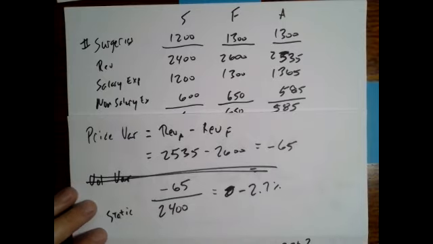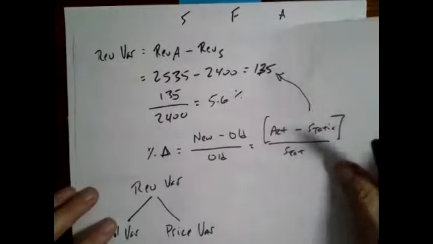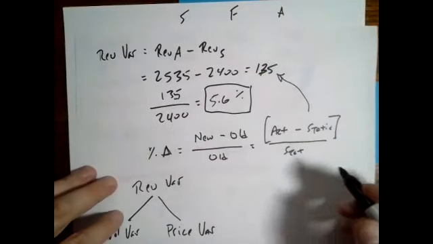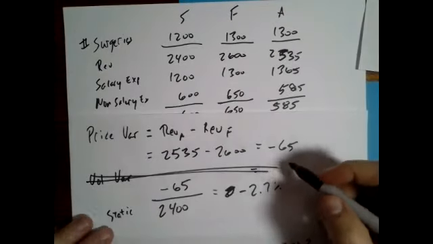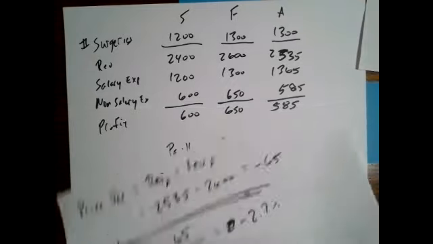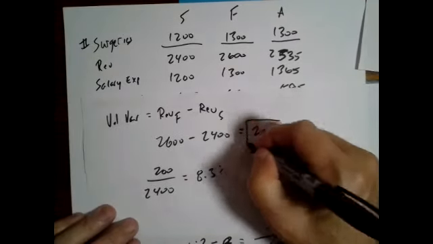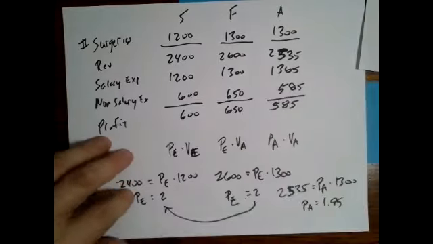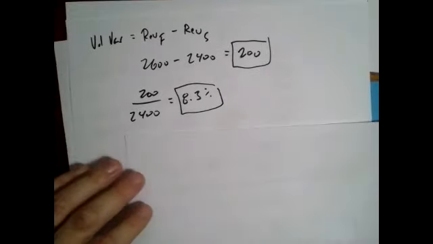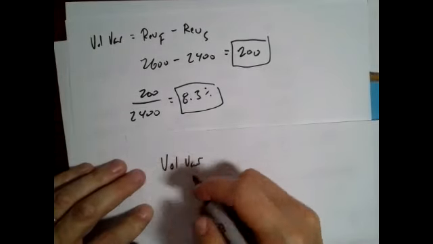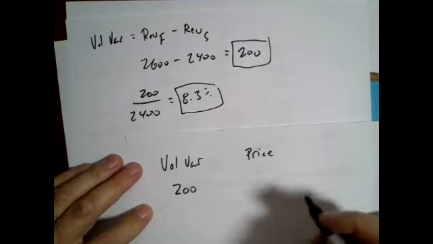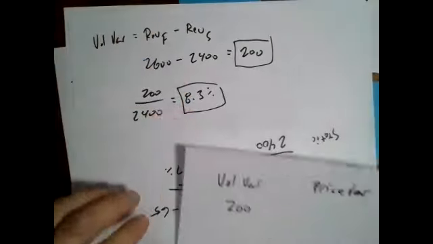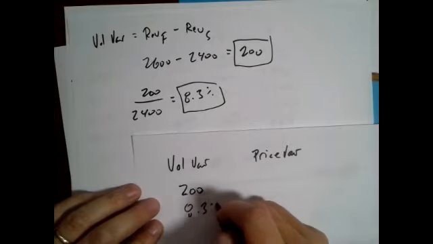Okay, so we had an overall revenue variance of 5.6% or plus 135. We had a volume variance of 200 or 8.3%.